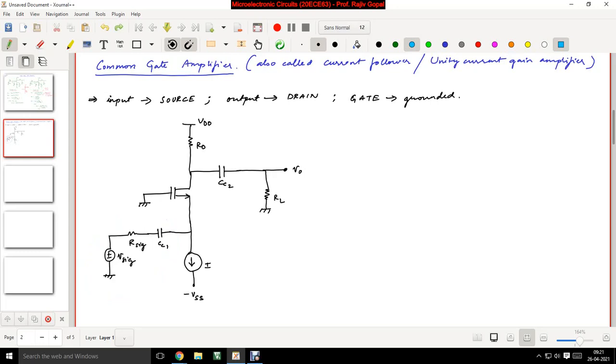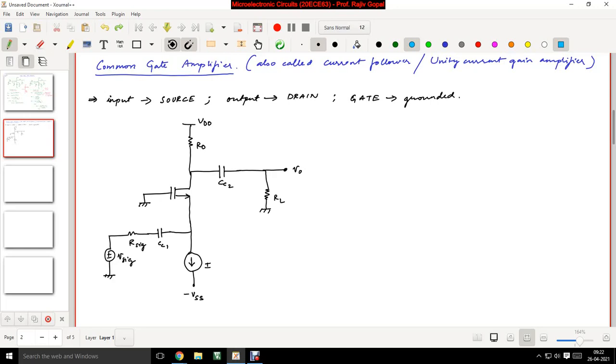That is the only difference between the two. Since this R sig is connected to the source, it is better to use the T model here, so that the 1 by Gm in the T model will be in series with this R sig.